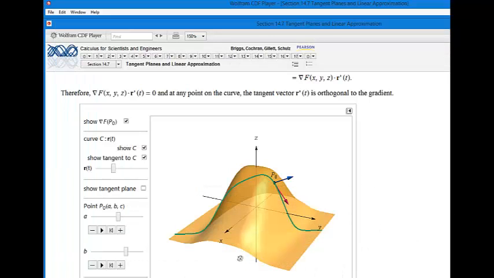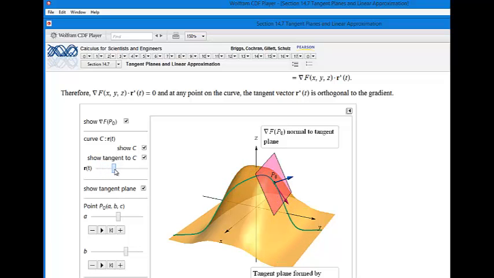So, they have a nice picture here, right? Where's my gradient? See the gradient? It's orthogonal to the tangent vector, this red one. Show the tangent plane. Let's do that. There's my tangent plane, right? So the gradient vector can be used as the normal.